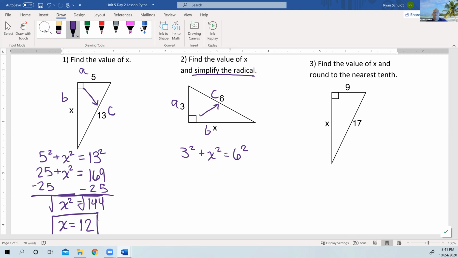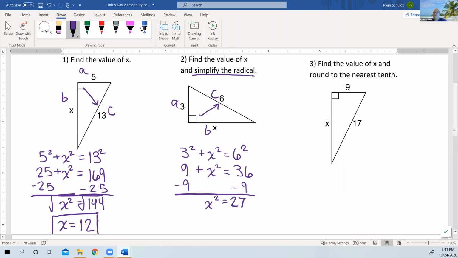Now, 3 squared is 9. 6 squared is 36. So solving for x, let's subtract 9. We're going to get x squared equals 27.